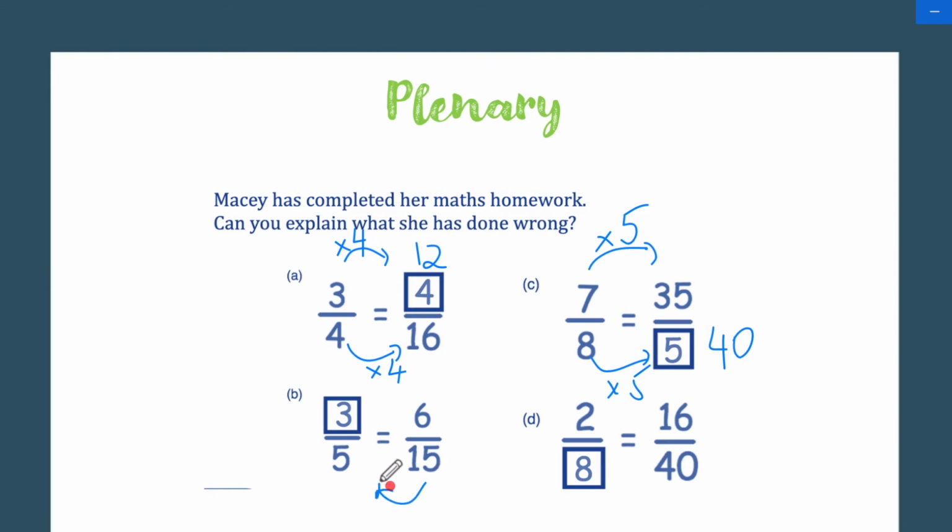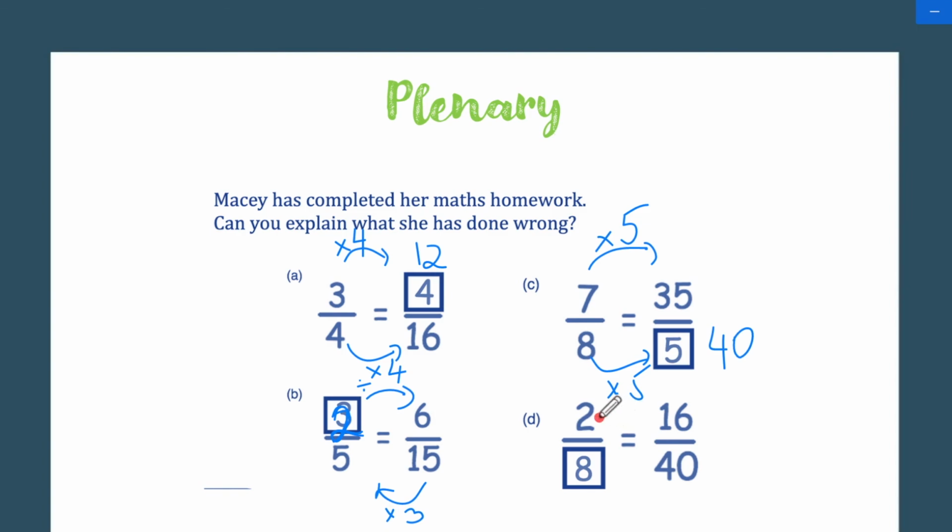Okay, 5 times 3 and 6 was multiplied by, so this should be 2, was divided by 2. So this number here was multiplied by 3 to give you 6. So the number in the box should be 2.